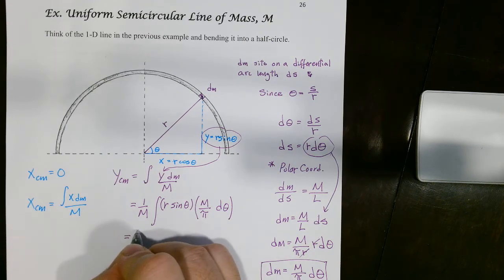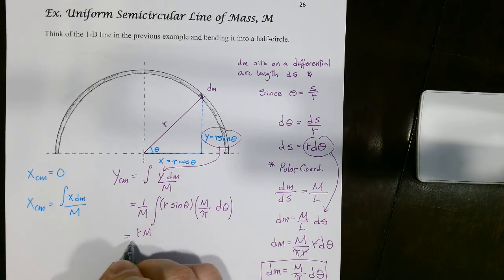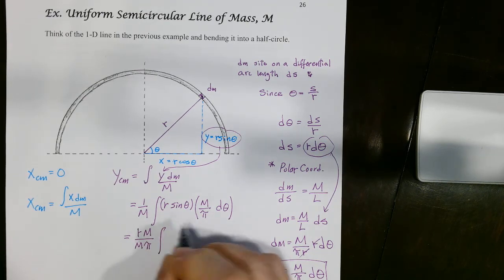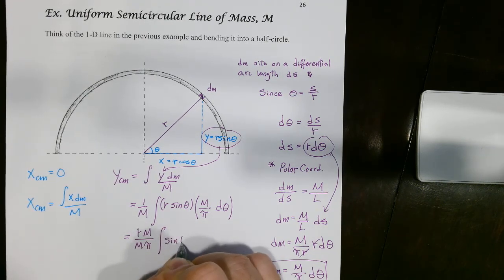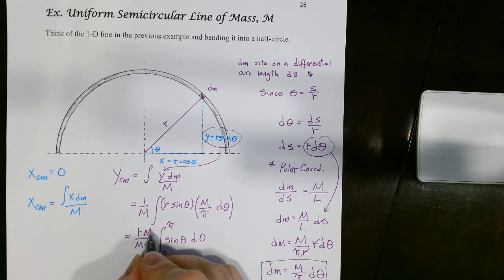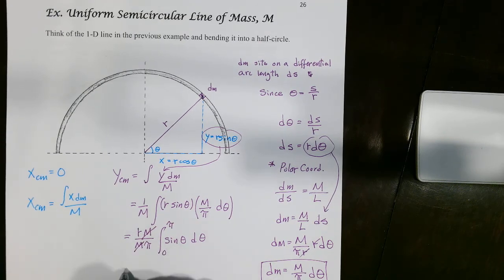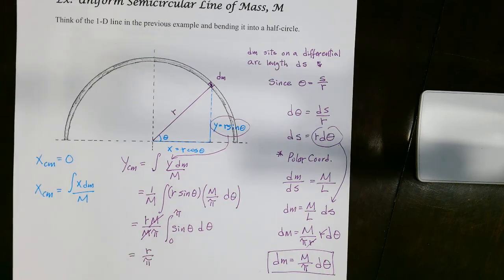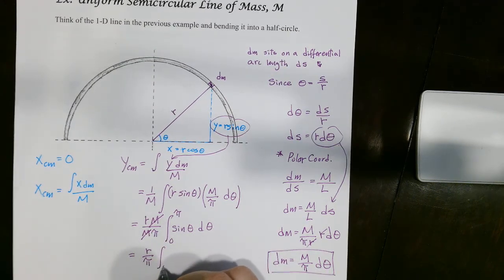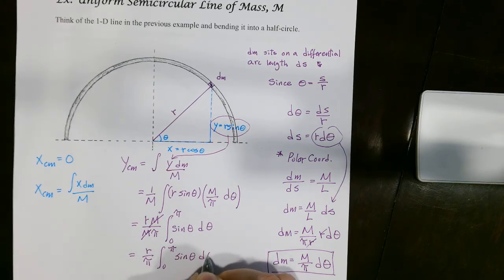So we have r m over m pi integral of sine theta d theta from 0 to pi. As you can see, the masses cancel out nicely, and you get r over pi times the integral from 0 to pi of sine theta d theta.